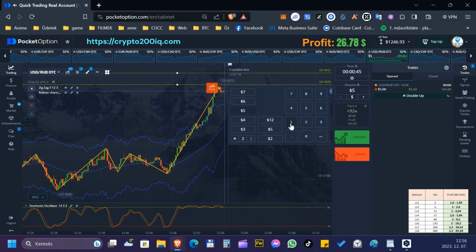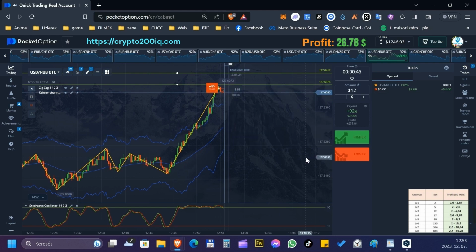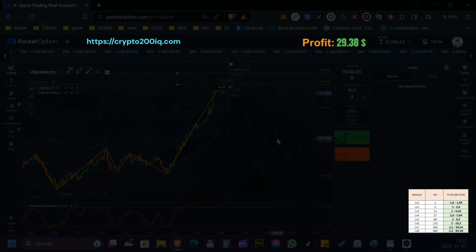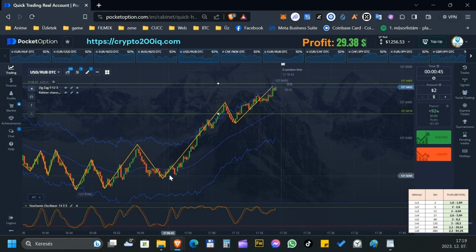It's worth preparing for the next stake. But we won. Let's look at the next one.